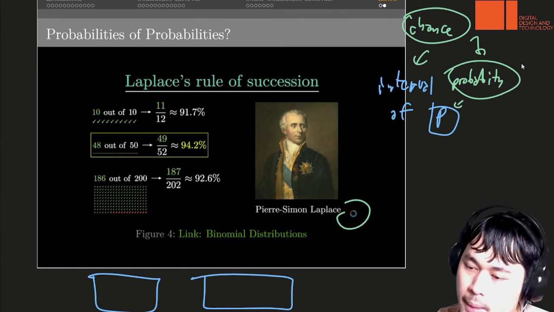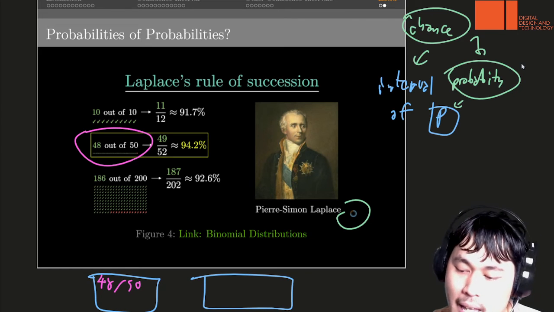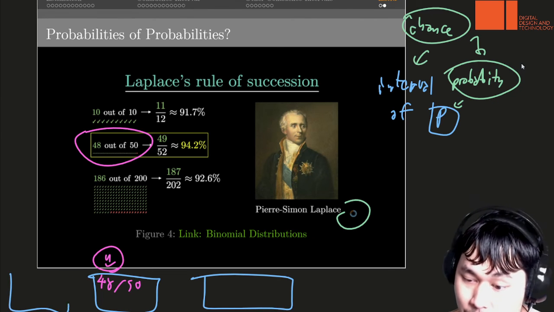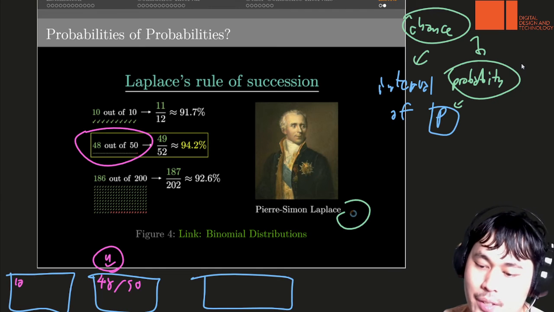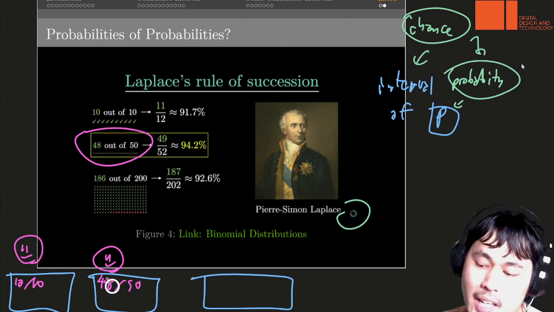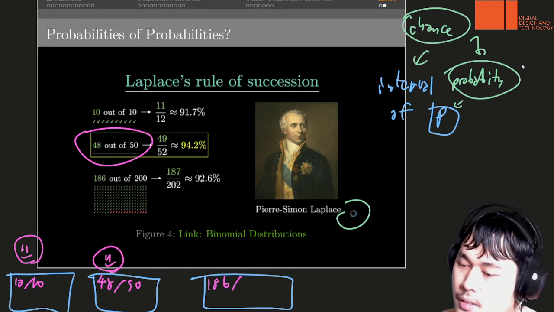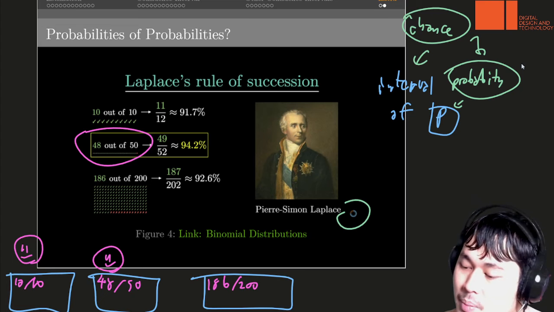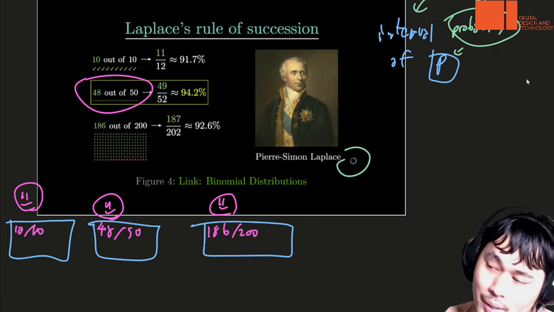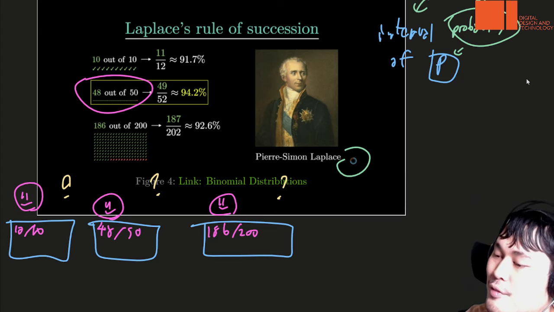The first shop says every single person is happy with their purchase. The second shop says 48 out of 50 people are happy with their purchase. And the third shop has, out of 200 people, 186 people happy with their purchase. And the question is, which shop is better? Which shop should you buy from?